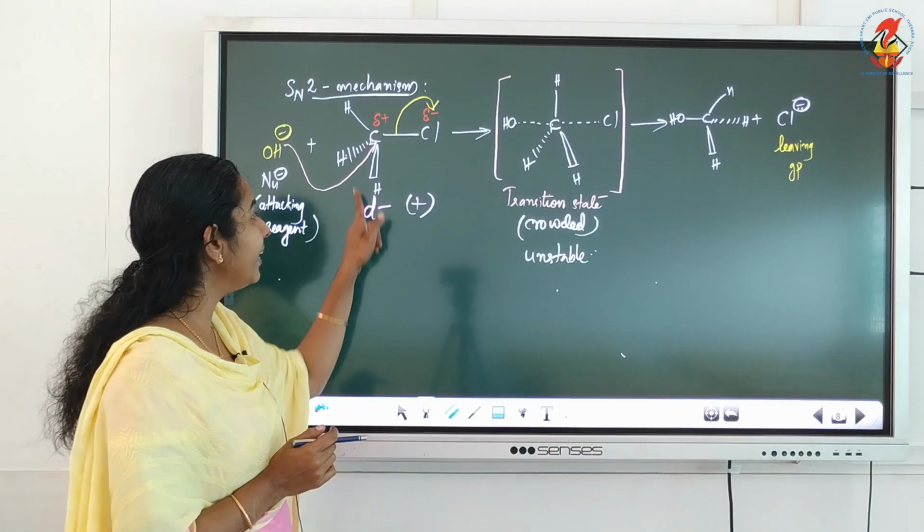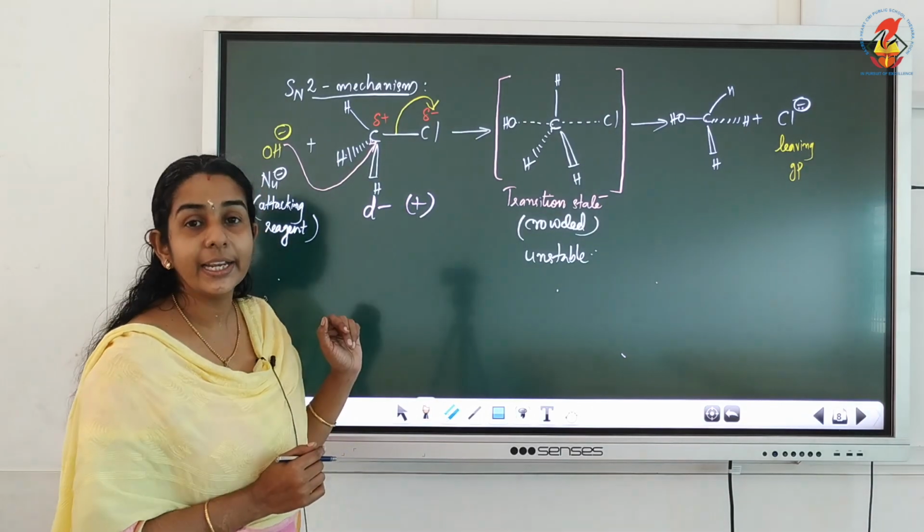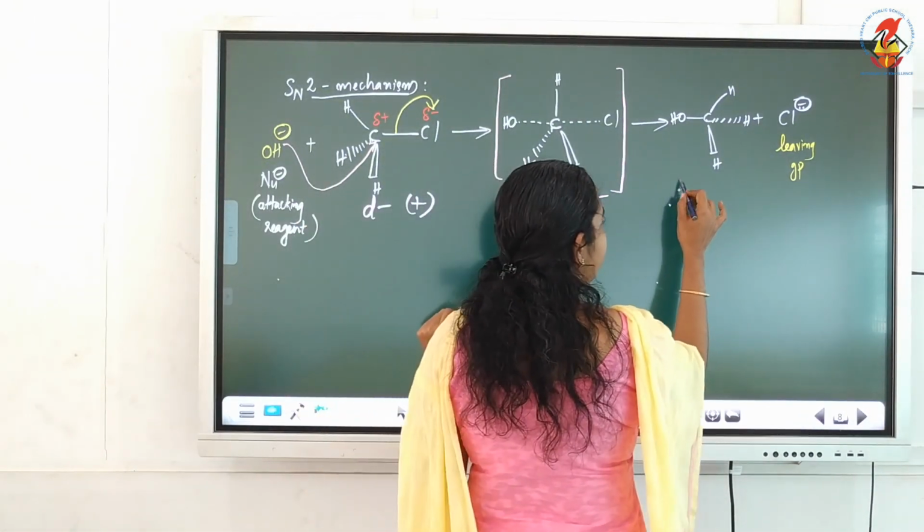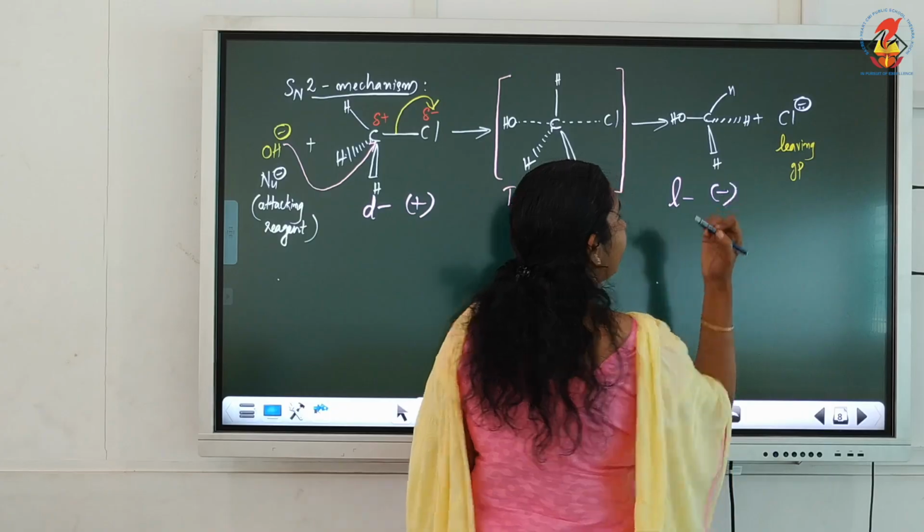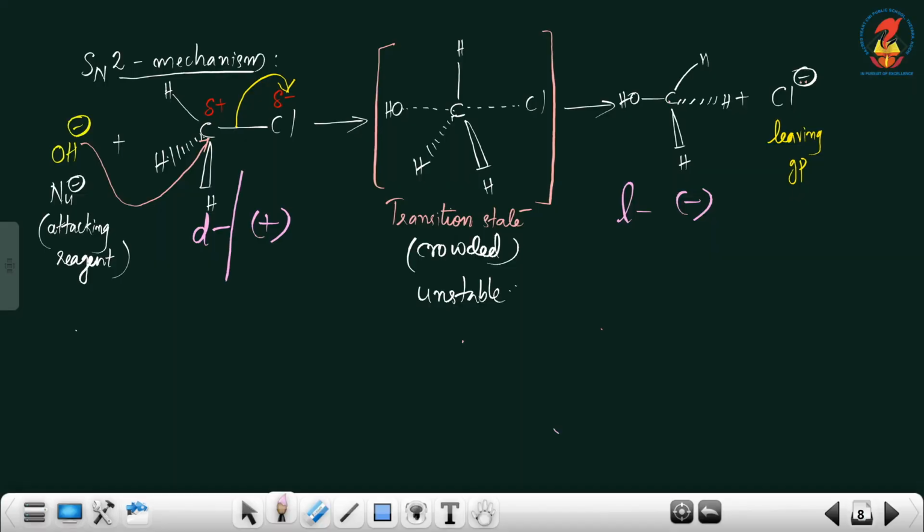So if we take a D or dextro alkyl halide, the product will be L or levorotatory. For dextro, we can use either small d or a plus sign. For levo, we can use either small l or a minus sign.